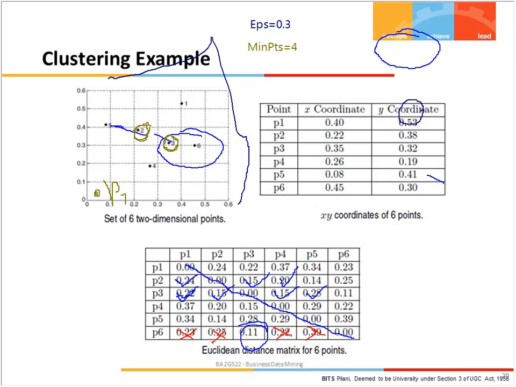This will be away from every other object by more than 0.3. So this is going to be a noise point. It is not within the neighborhood of any object, so it is not a core point or a border point.